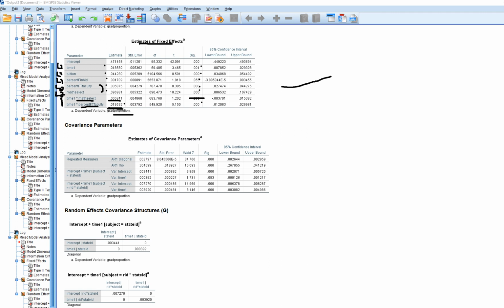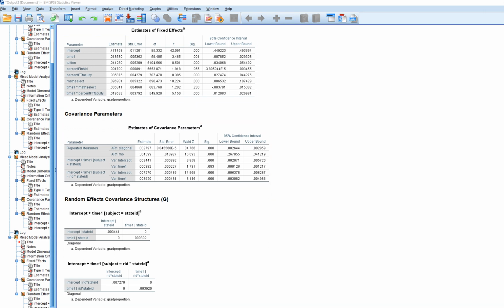But because this is positive as well, that means that institutions that had a higher percentage of full-time faculty, the growth rates tended to be a little bit more substantial. So that's how to think about what's going on in this particular case. So basically the growth rates tended to be larger in institutions that exhibited a greater percentage of full-time faculty.